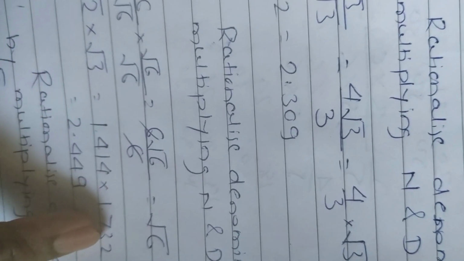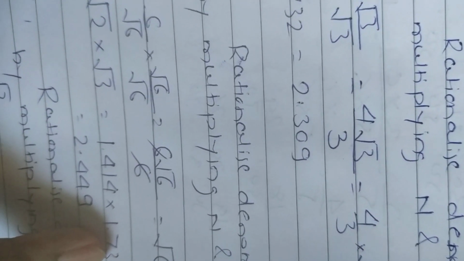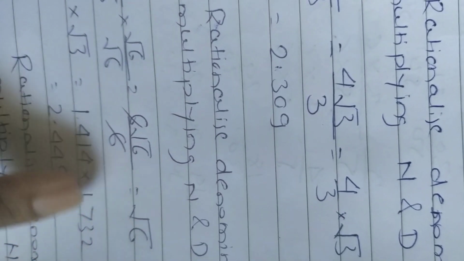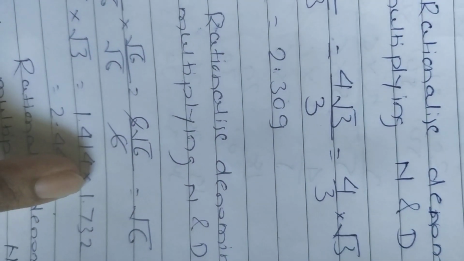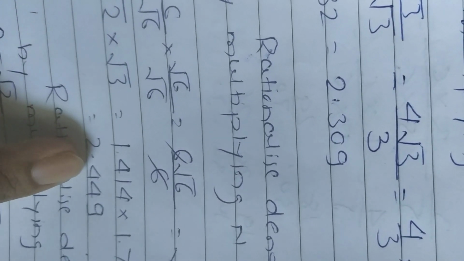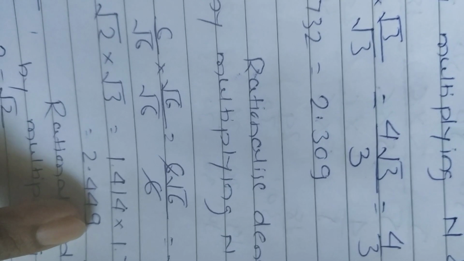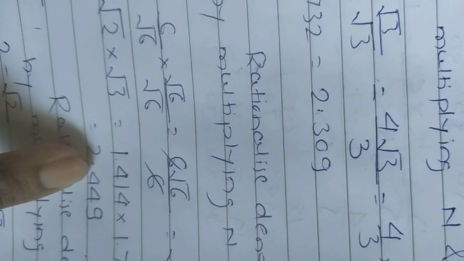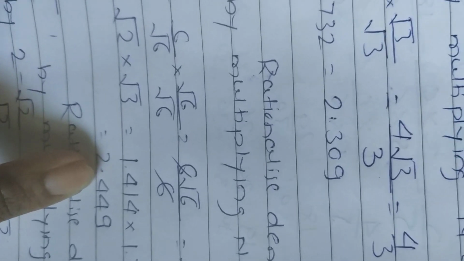Both values are with us. So it is clearly the multiplication of these two terms. After multiplication, what we get is 2.449 as our answer, corrected up to 3 decimal places. So this is our answer.